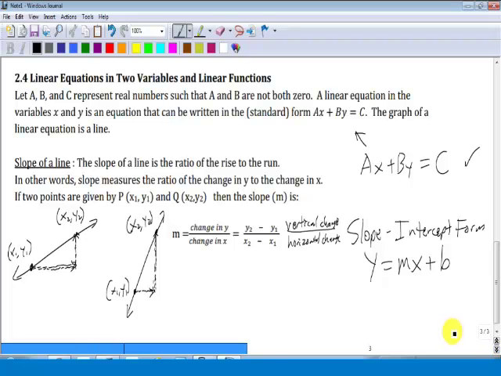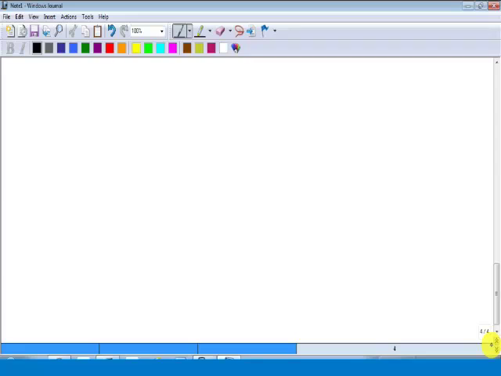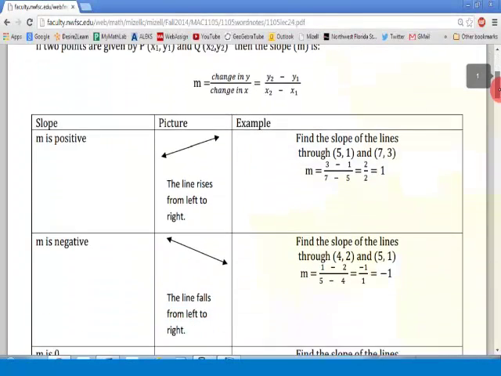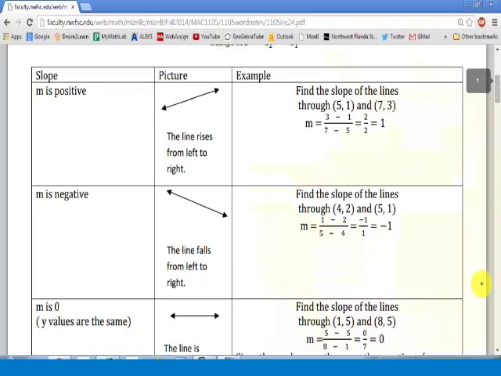The slope formula, m equals y sub 2 minus y sub 1 over x sub 2 minus x sub 1. As we move from point to point on the line, we'll use that to calculate the slope when there is a slope. 4 basic cases here. If the line is rising as we move from left to right, the slope will be positive.